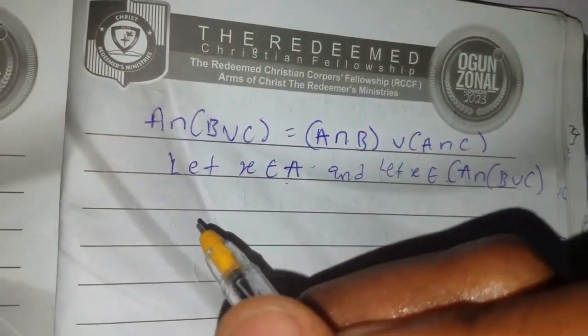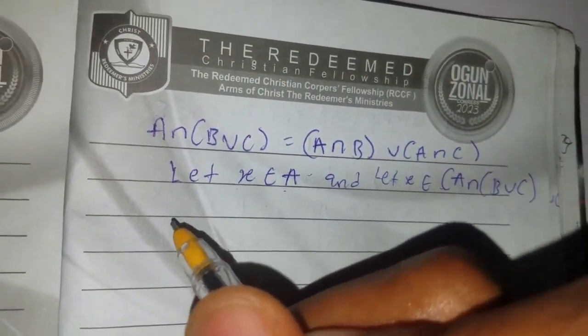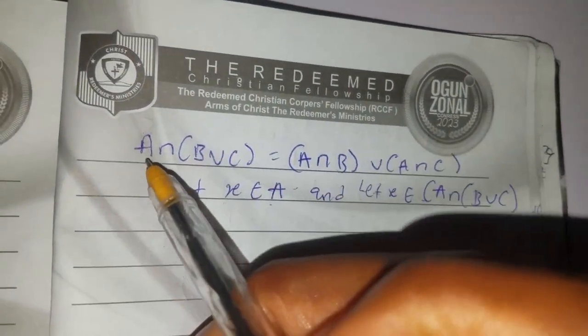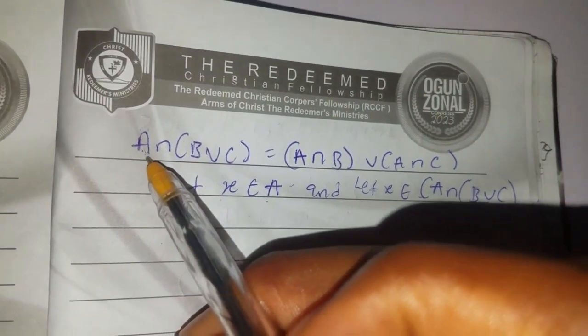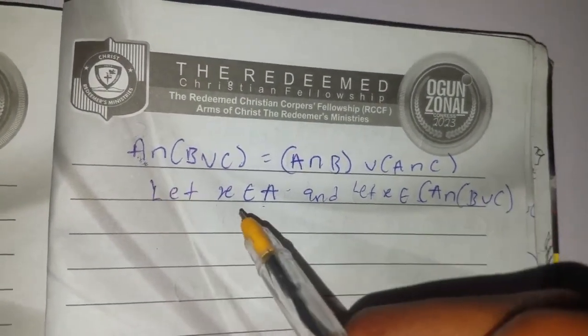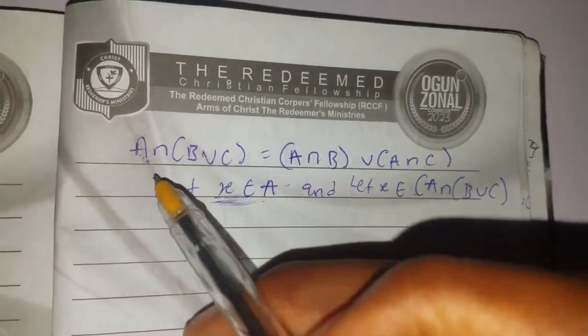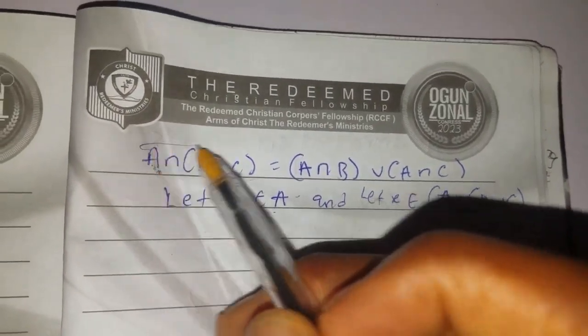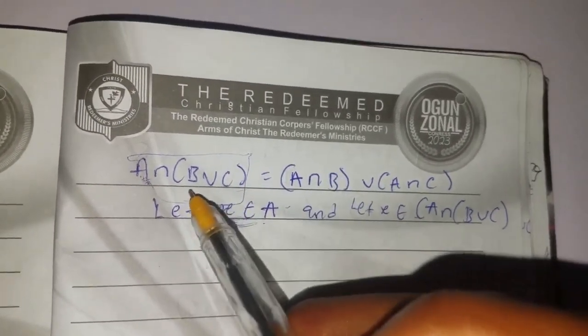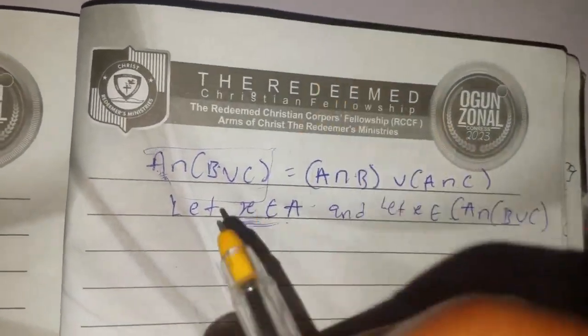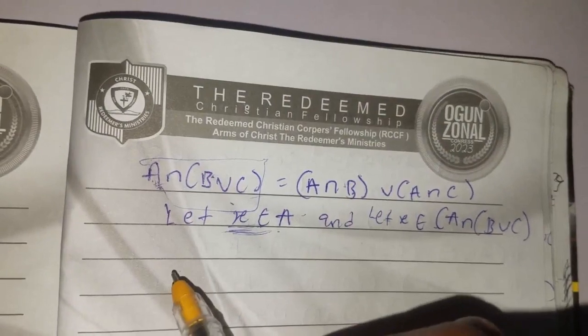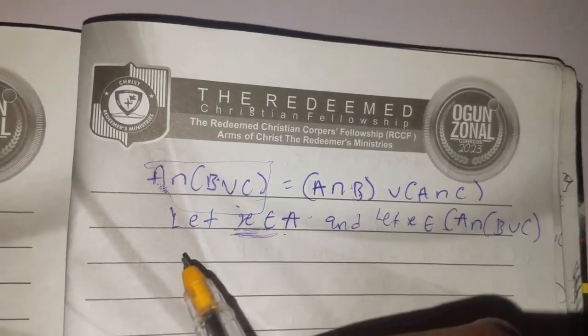Okay? Now, anytime I see a set like this, I'm going to add "X is an element of" in order to prove this law. You can see I'm going to be turning this into this. So, let's continue.